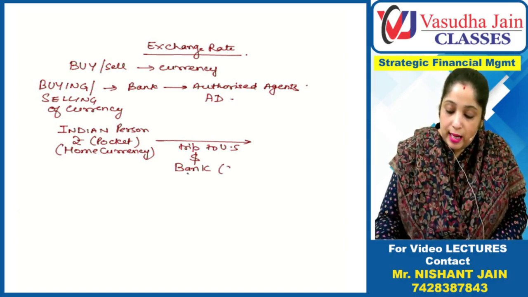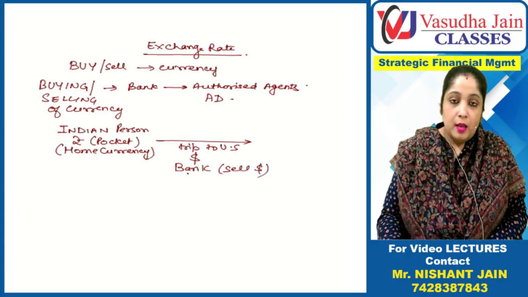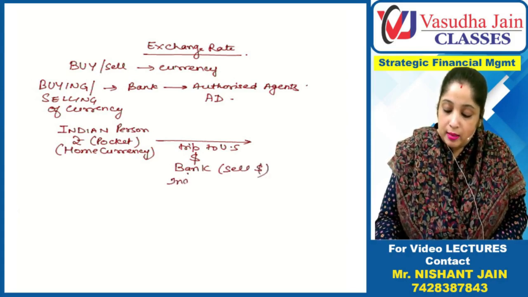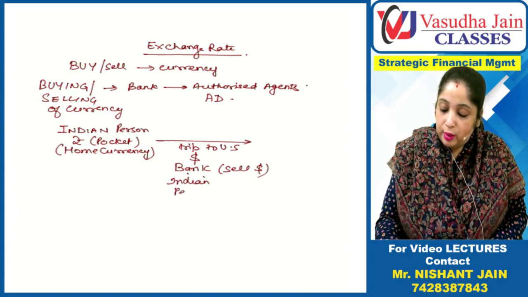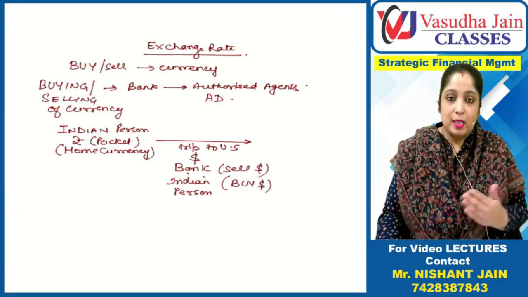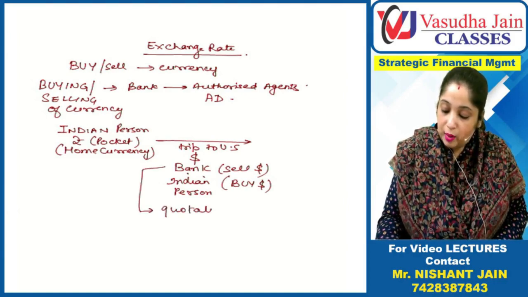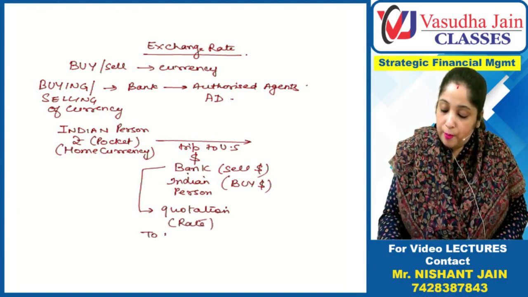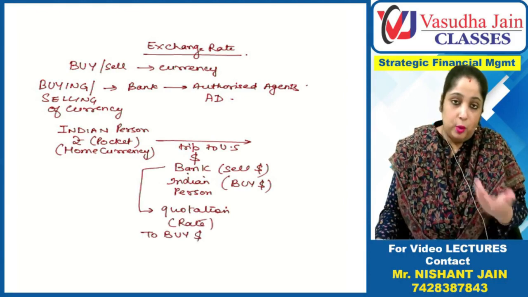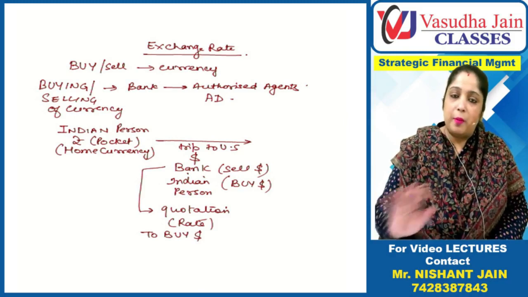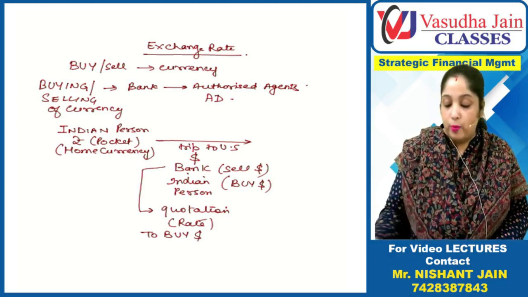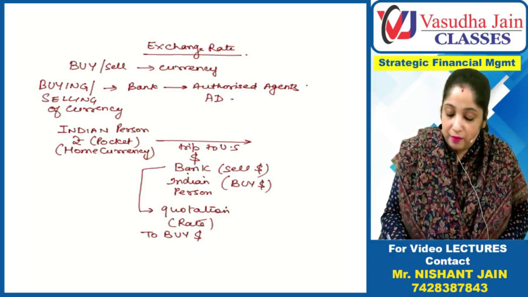The bank is going to sell dollars and the Indian person is going to buy dollars. So I ask the bank to give me a quotation, that is, give me a rate to buy dollars, because I want to buy dollars. Forget about the bank, listen to me. I want to buy dollars, so the bank is giving me a rate.